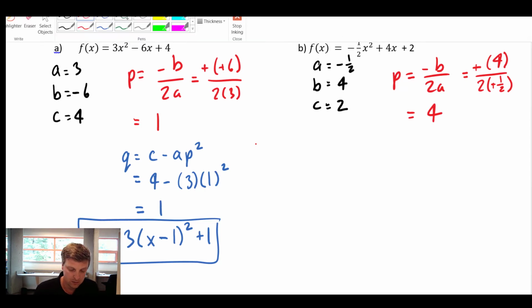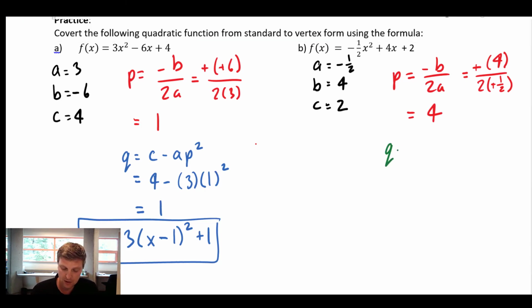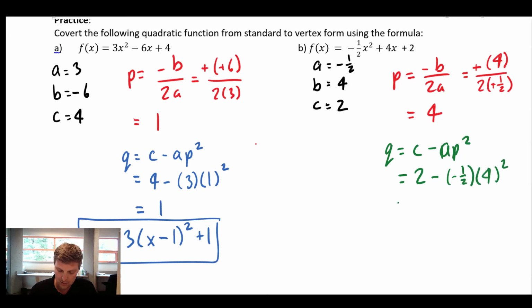So then solving for Q is going to equal C minus AP squared. And C is 2 minus A, which is negative 1/2, times P squared, which is 4 squared. So again, these negative signs cancel. 4 squared is 16, times a half is 8, 2 plus 8 is 10.